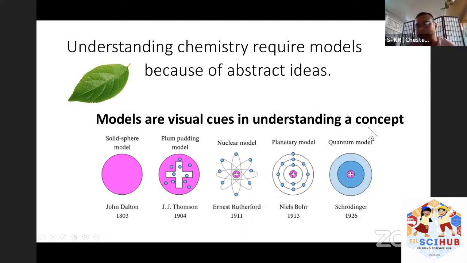And then finally, the quantum model was forwarded in 1926. So the quantum model, as I mentioned, is the most modern of all of these atomic models. And makikita natin mamaya that the quantum model actually is a reflection of the periodic table of elements.